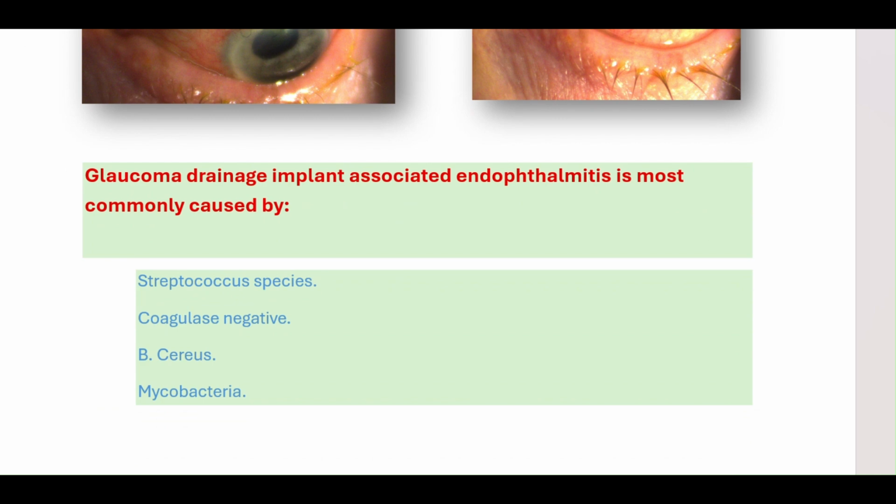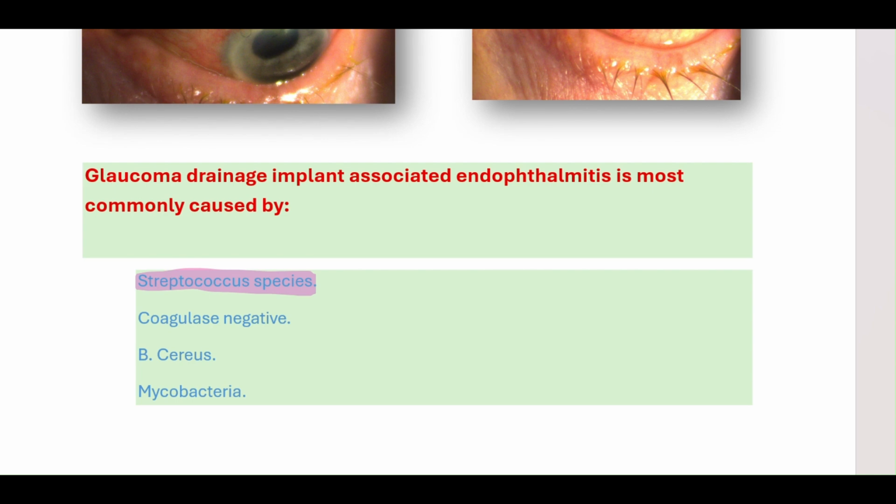So, delayed endophthalmitis from glaucoma implantable devices is usually caused by Streptococcus species. And this is the same as delayed blebitis endophthalmitis, which happens from Streptococcus or Haemophilus species.